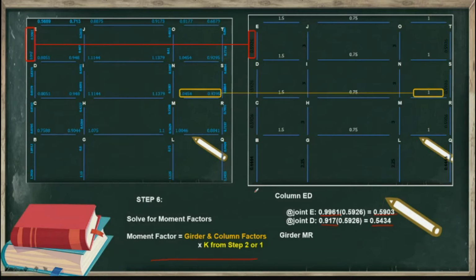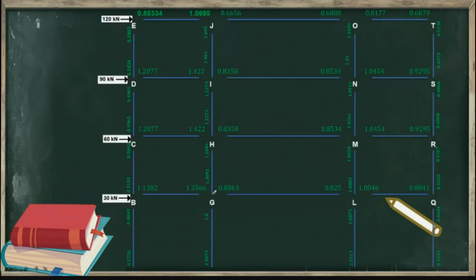So, same answer lang tayo for the girder MR. We have values of 1.04, 1.0454 and 0.9295. So again, gagawin din natin ito sa lahat ng iba pang mga girder members natin. So, ito na yung naka-compute na mga moment factors natin.